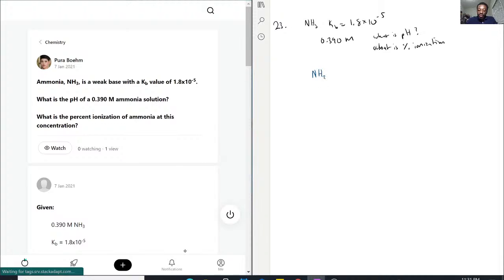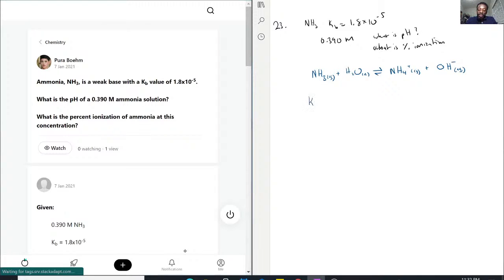We have NH3 plus H2O turns into NH4 plus and OH minus. Now the K value is usually products over reactants. We just don't count water because water is the solvent in this case, what everything's dissolved in, so we don't use water in this formula.